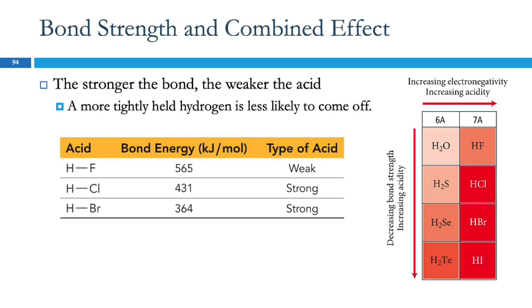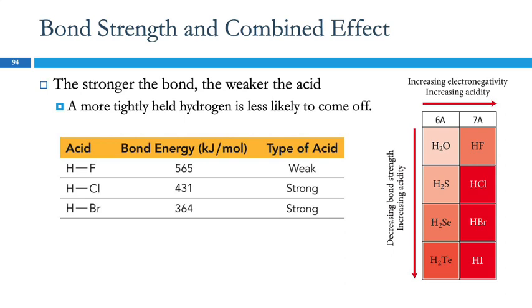If we look at bond strength, as we go down a group of the periodic table, what's happening to the size of those atoms? They're getting bigger. Fluorine is small, chlorine is bigger, bromine is bigger yet, and iodine is the biggest.